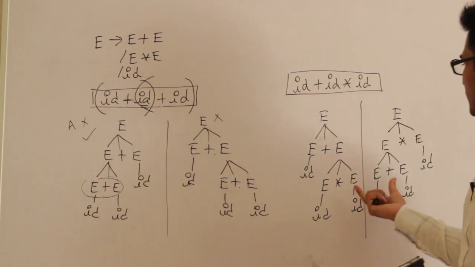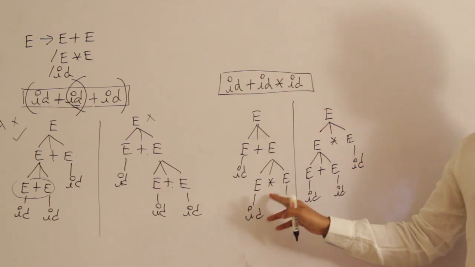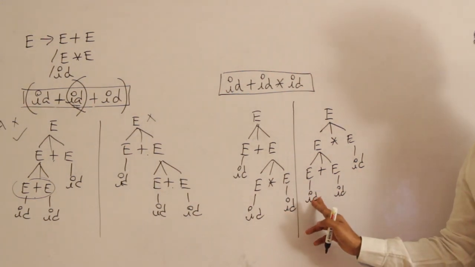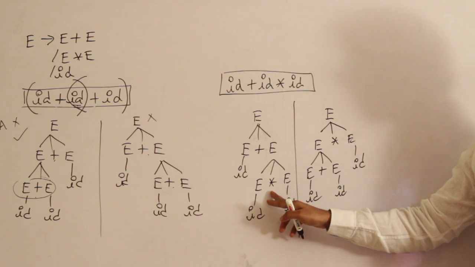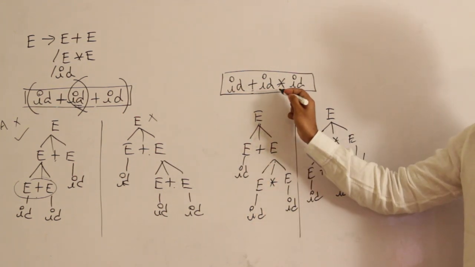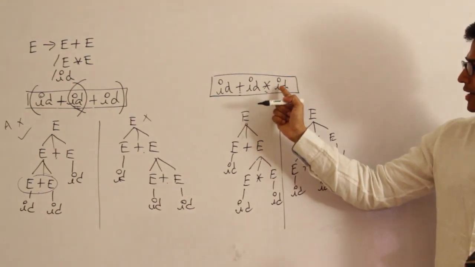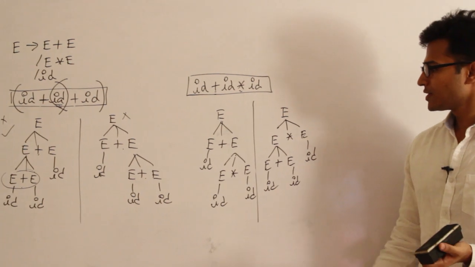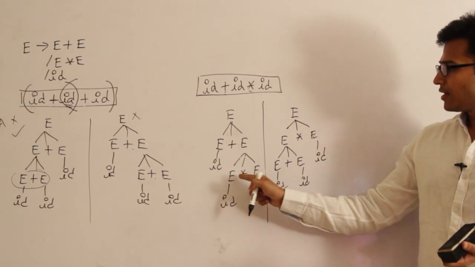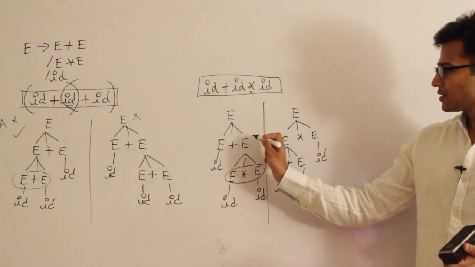And then let's look at this example. In this example we got two parse trees. The reason is, in this parse tree, star is getting higher precedence. When we have two different operators of different precedences, then the highest precedence one should be evaluated first, which means star has to be evaluated first.